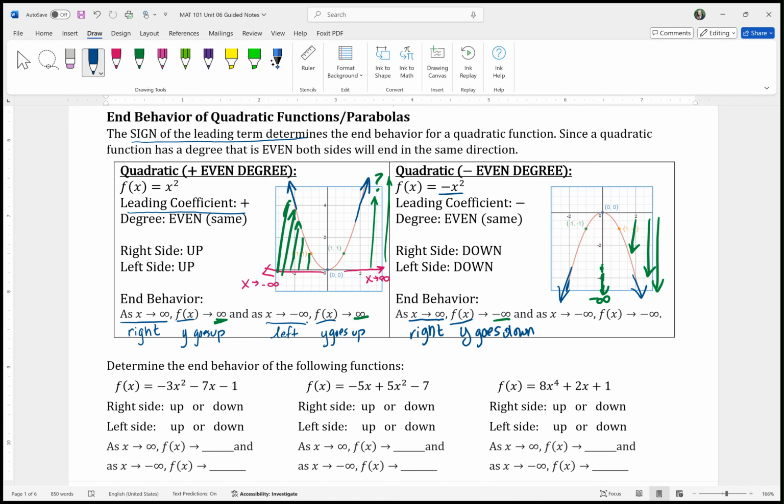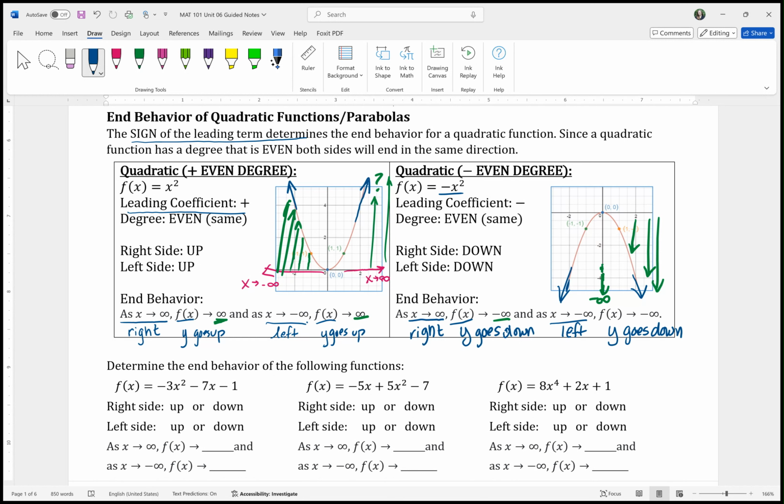And as x goes to negative infinity, that's left, y goes down. And again, this is both going the same direction. So to the right it goes down, and to the left it goes down, because this is an even degree. It's x squared. All right?